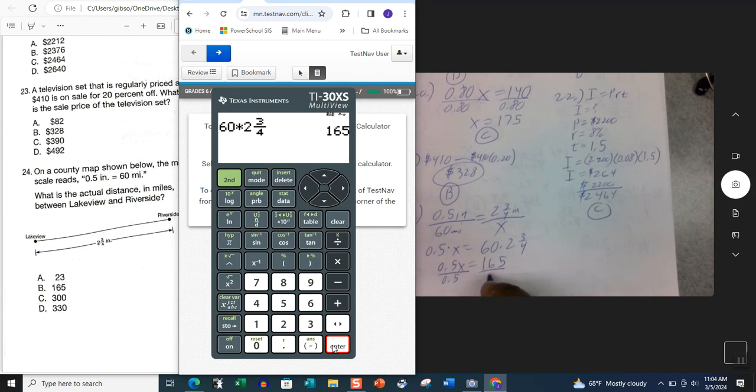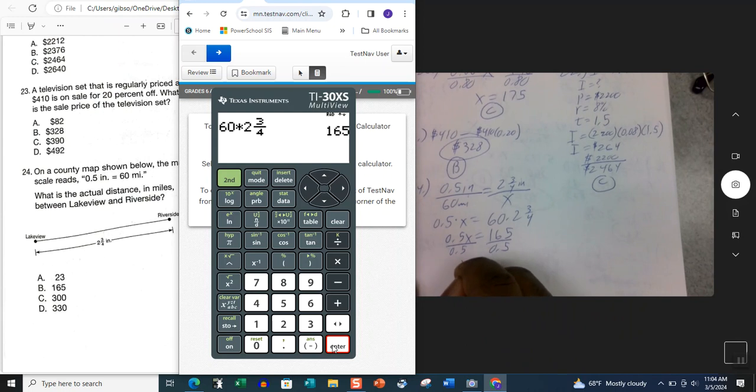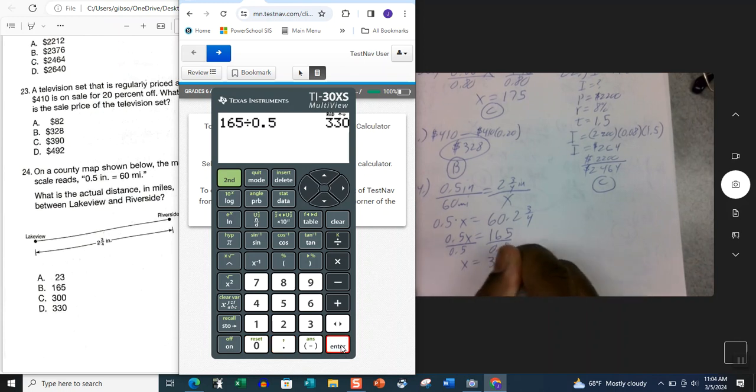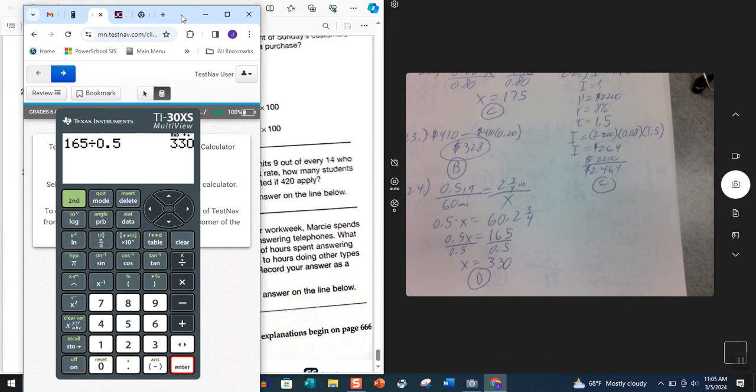Divide each side by 0.5. And x is equal to 165 divided by 0.5. And that would give us 330. So our answer is D. All right. Now we move on.